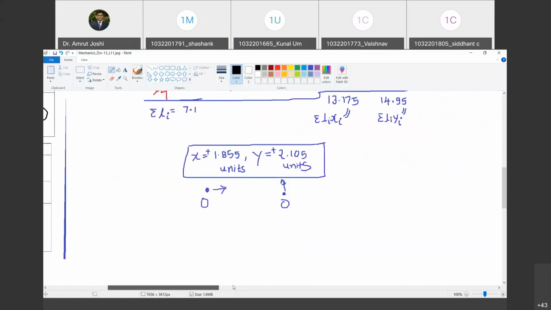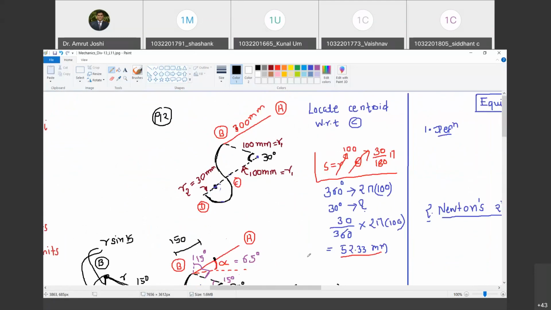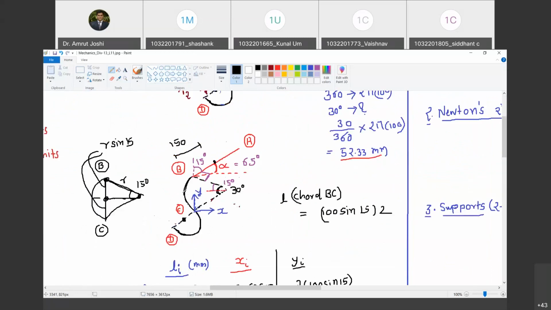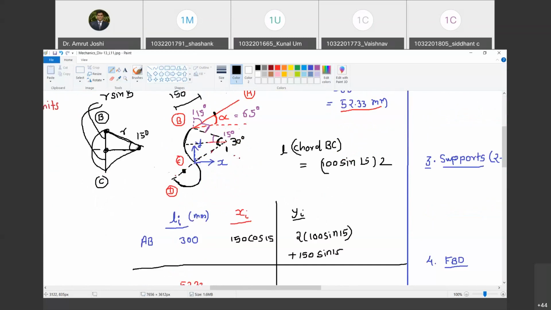So let us come here. The line bisecting the angle is this one. As per the formula given, x bar will be computed from the center of the circle. So the centroid of this is given from this side.